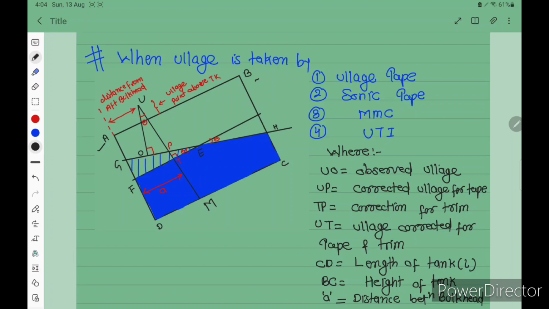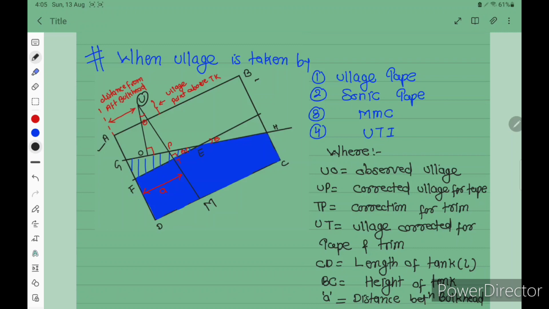This is the distance from the aft bulkhead. This U is the ullage point above the top of the tank. UV is your observed ullage, whatever you observe by the tape. UP is ullage corrected for tape, TP is corrected for trim, UT is ullage corrected for tape and trim.